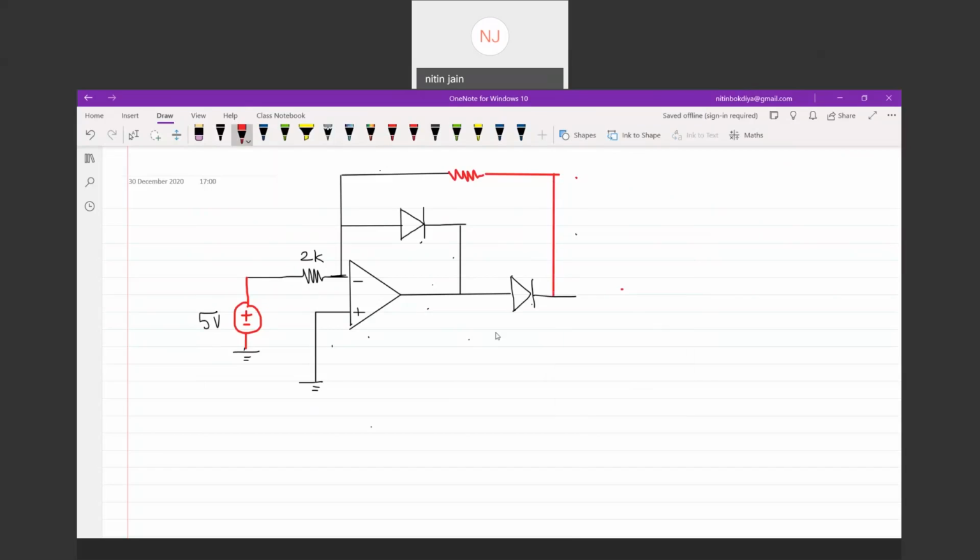Then 1 kilo ohm resistance is also connected to this. This is R. So 4 resistances are connected, and 2 diodes are connected. These diodes are D1 and D2.